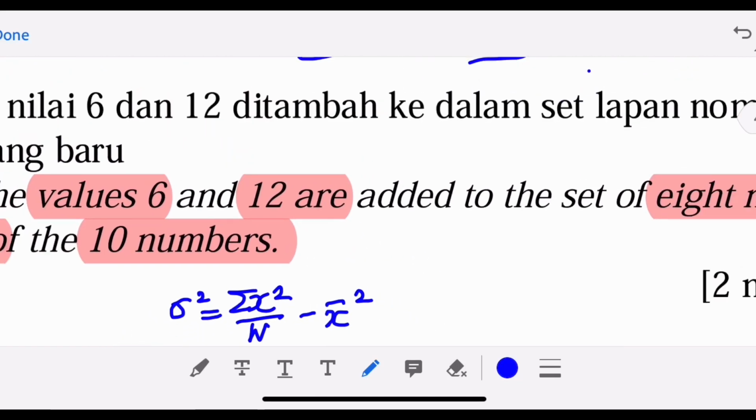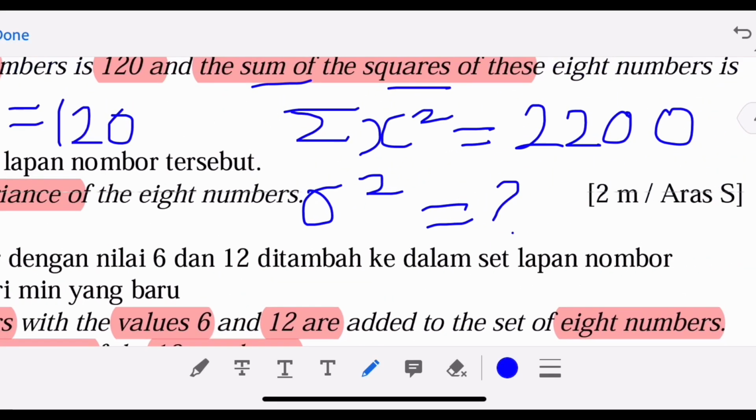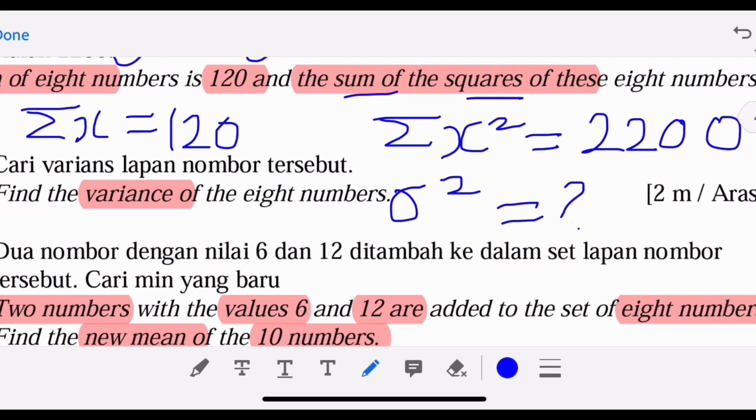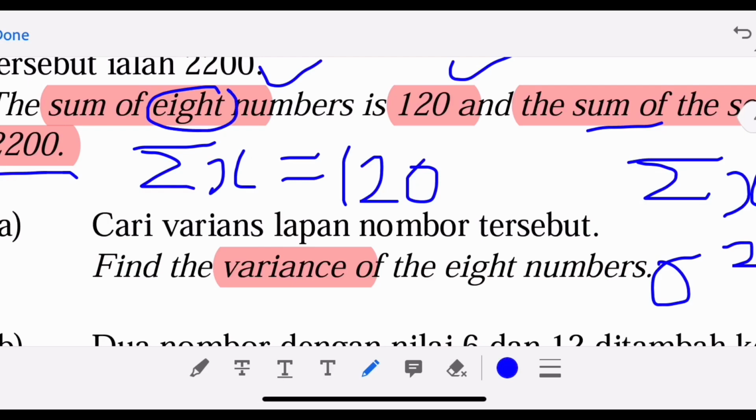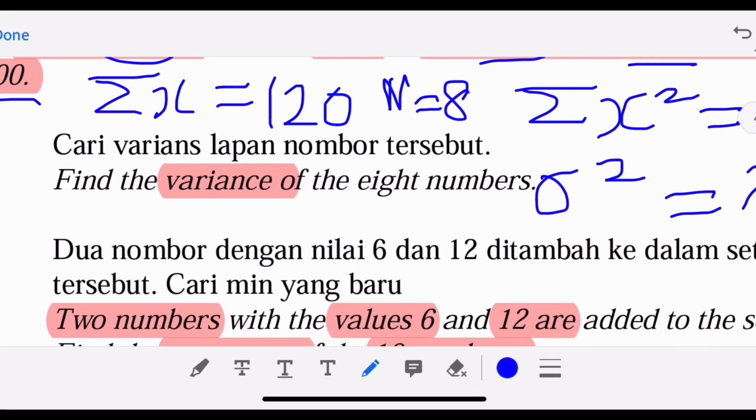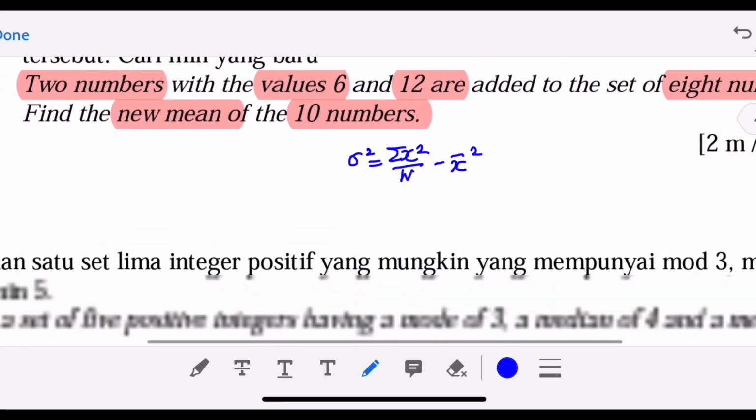So now we are going to substitute all the information. Okay, so we have sum of the data square and we have sum of the 8 numbers. Okay, so that means we have n equal to 8.